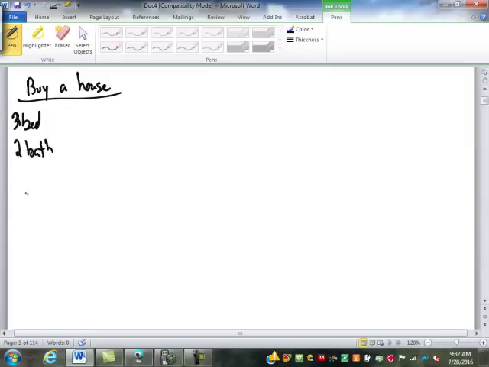And what you find is in the area you're looking, the mean price is $148,000, and the standard deviation is $21,000.